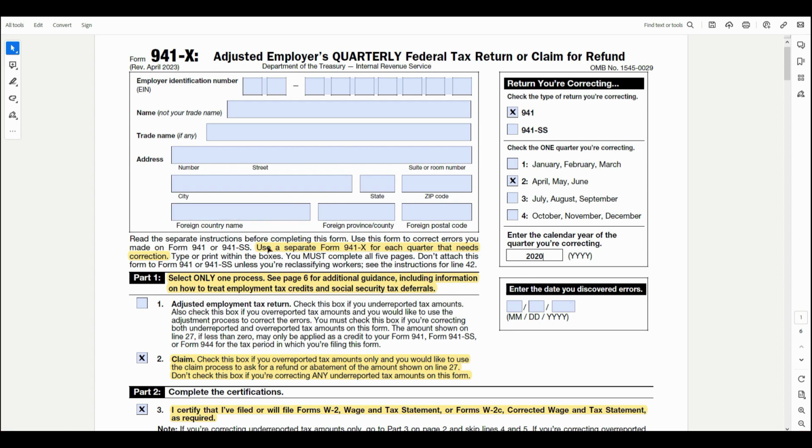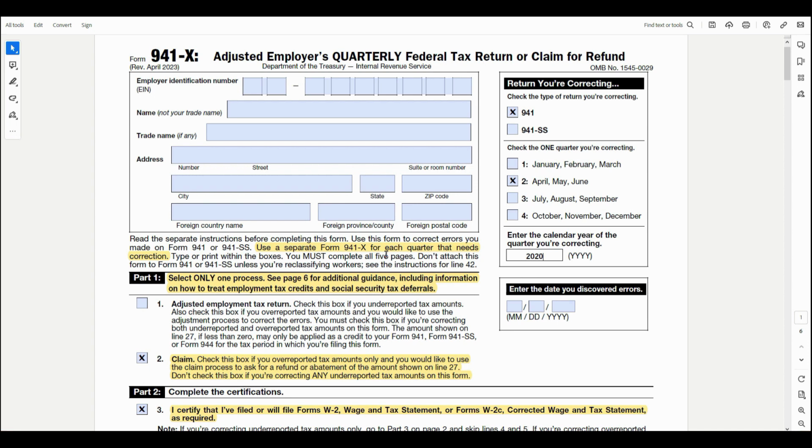So most of the time, you're going to be using just one form for each quarter. You do have that through the Relief Act. You do have that stipulation that some employers, if they found out during the fourth quarter 2020 that they qualified for this credit and they wanted to take it and they didn't want to adjust every single 941 in the appropriate quarters, they were able to claim the full amount for the second quarter, the third quarter, and the fourth quarter on that 941 that was filed for the fourth quarter of 2020.